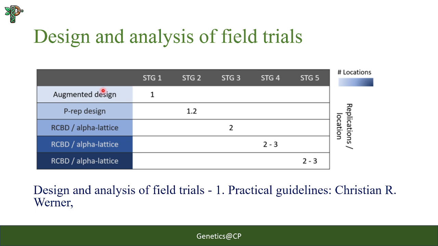The most suitable designs are augmented designs, p-rep designs (partial replication designs) and alpha lattice designs. You should also know the error degrees of freedom and total degrees of freedom in these designs. Basic fundamental concepts about alpha lattice, p-rep, augmented, RCBD, LSD and flip-flop designs are very, very important for the examination.